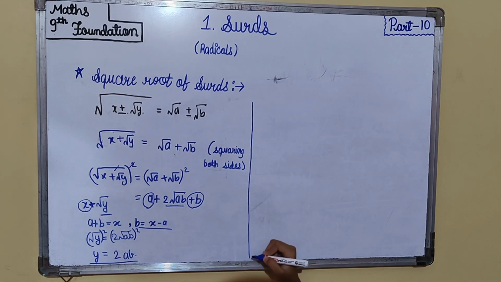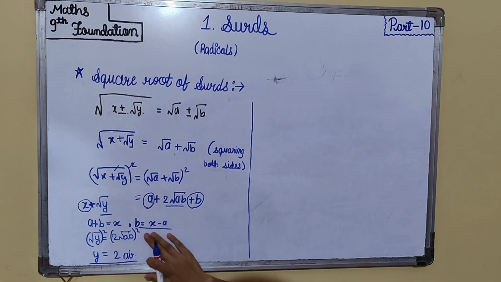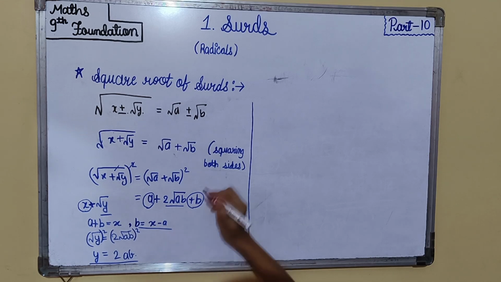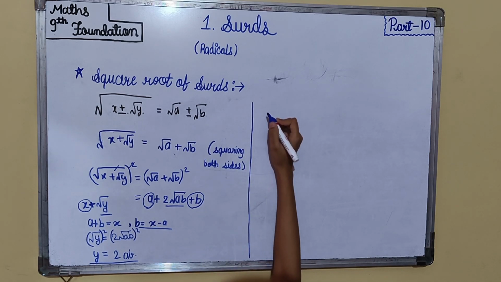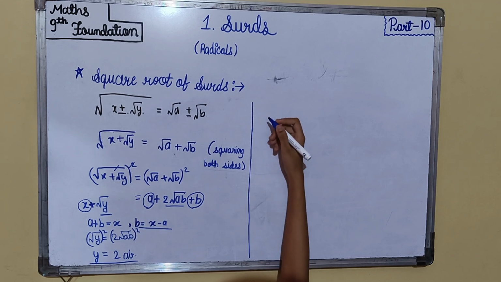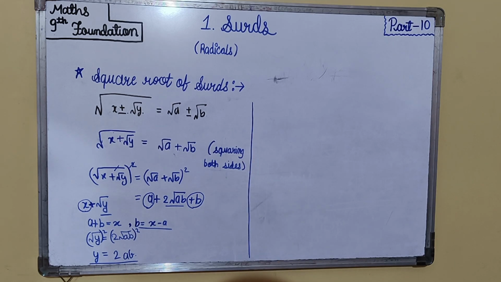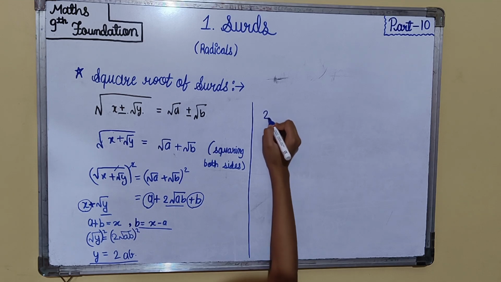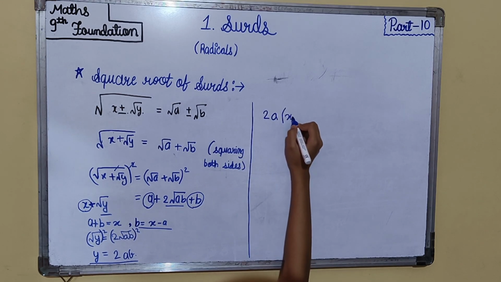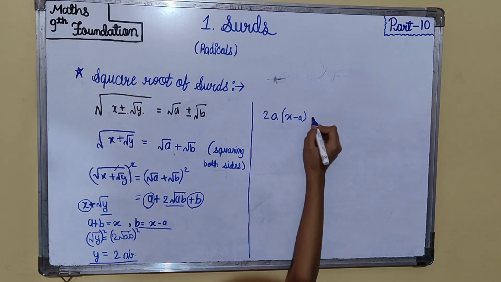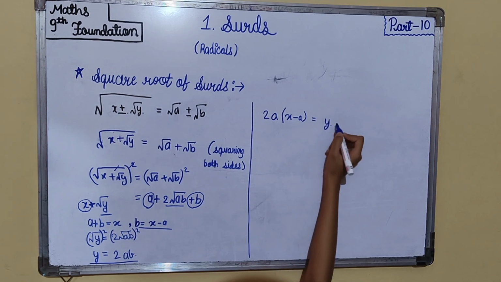Now we'll do substitution. We know b is equal to x minus a. So we'll write 2a in bracket, value of b is x minus a, is equal to y.